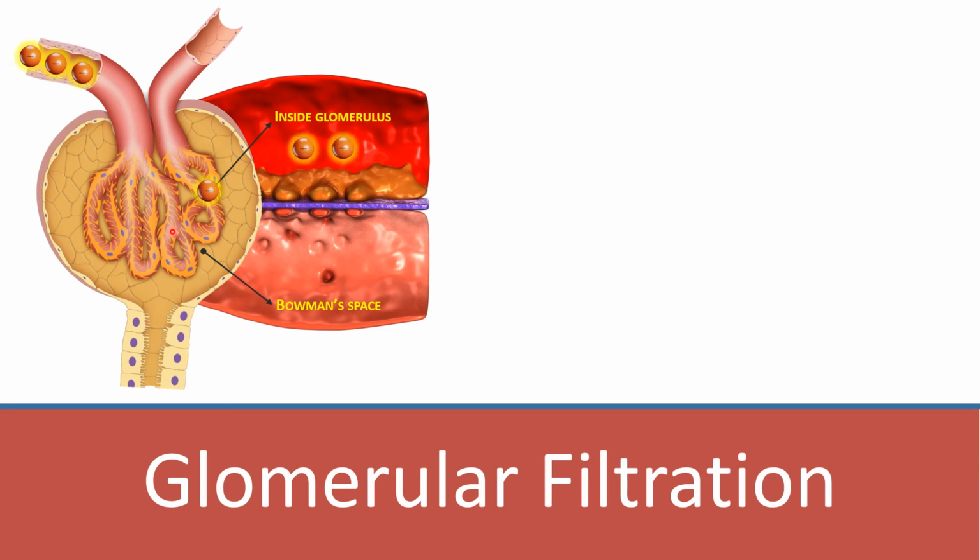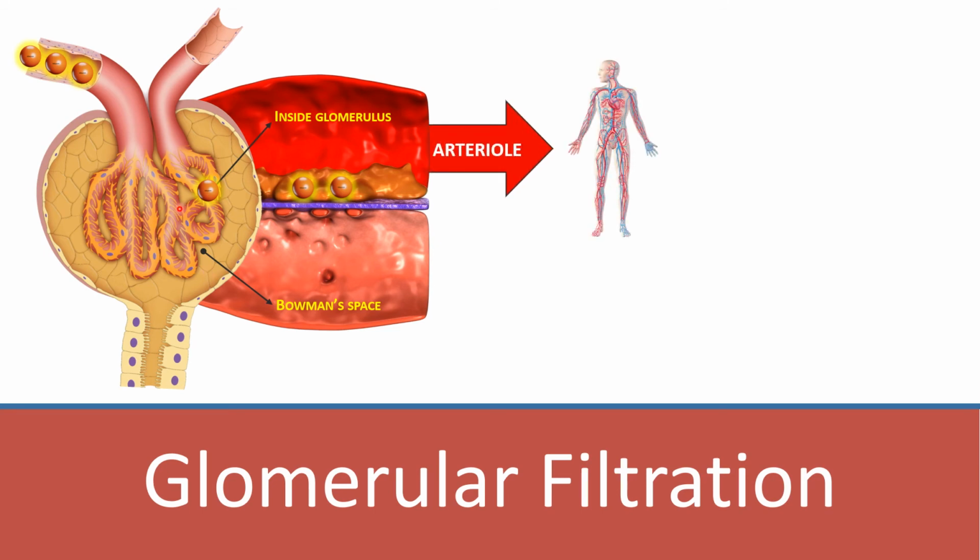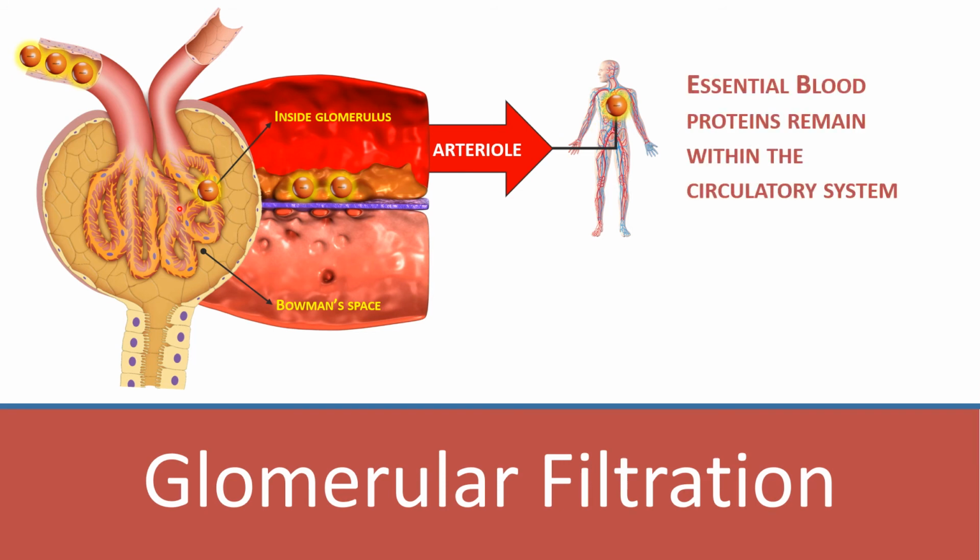What you would like is for the albumin to stay within the blood vessel. But have a look at this. The molecules are just that little bit too big. They can't get through, so they can't get into this Bowman space. And as a result, the albumin stays within our cardiovascular system, which is absolutely what we want, because that's what keeps our body going. So essential plasma proteins remain within the circulatory system and keep us going.